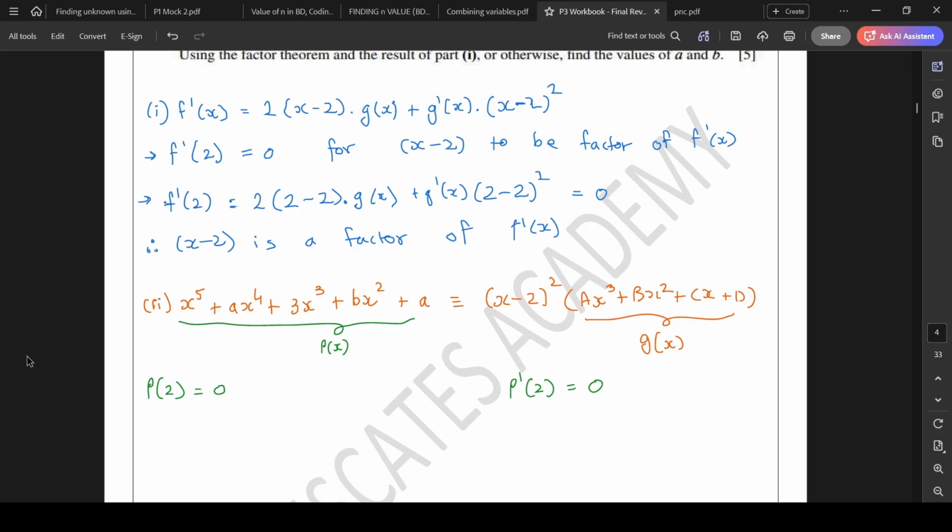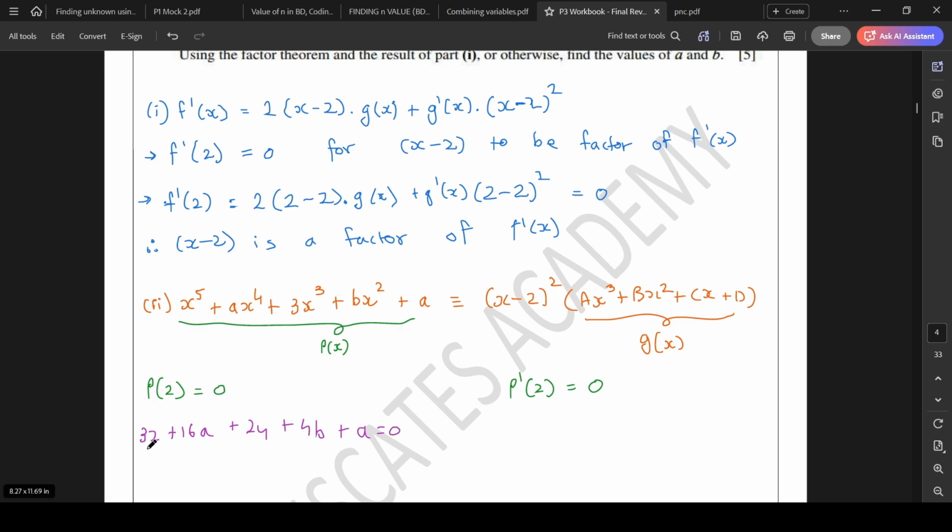So over here, let me go ahead and substitute 2 into my normal polynomial. So 2 to the power of 5 is 32, then 16a, then 8 times 3 is 24, then 4b plus a is equal to 0.